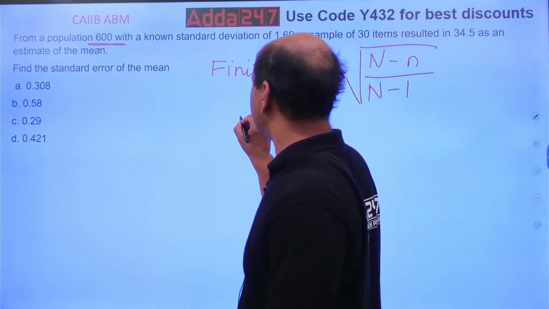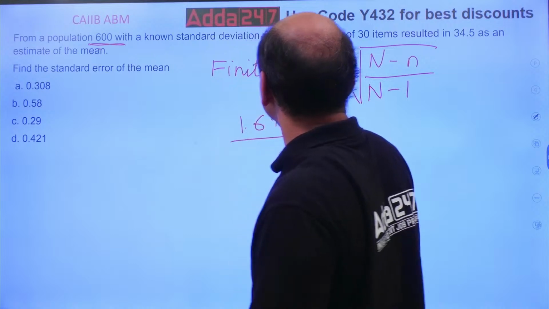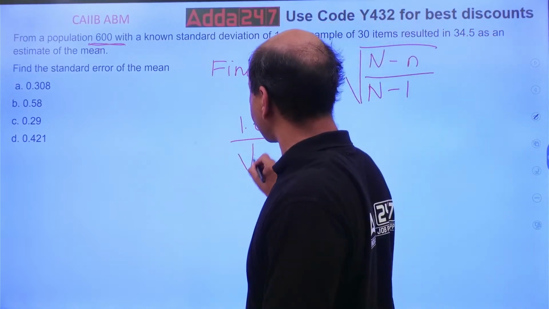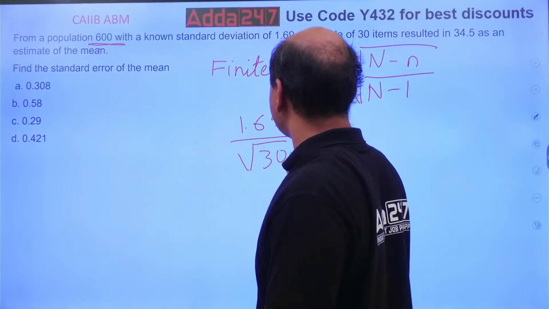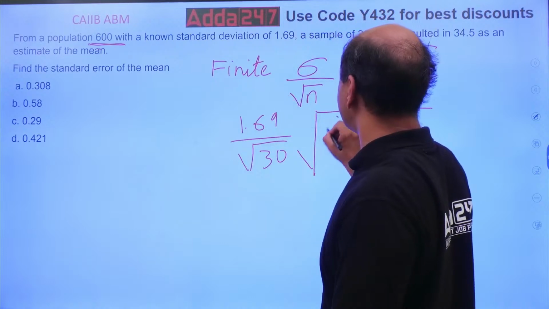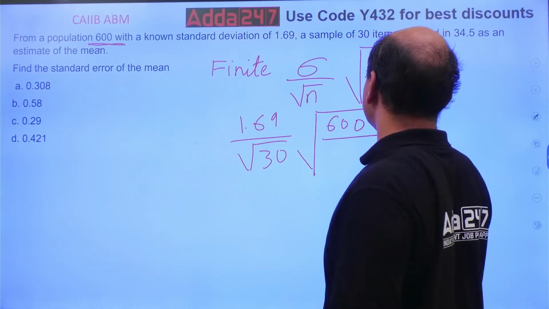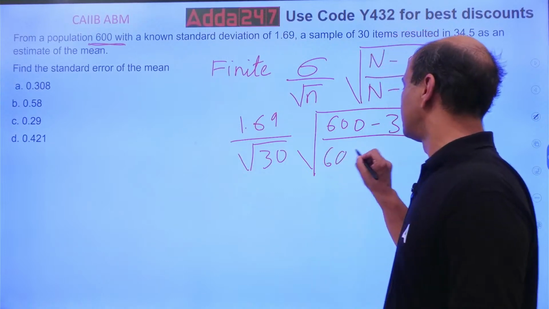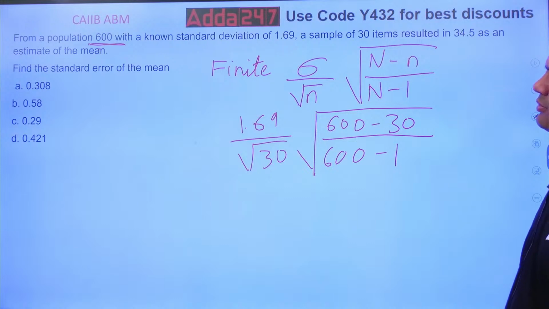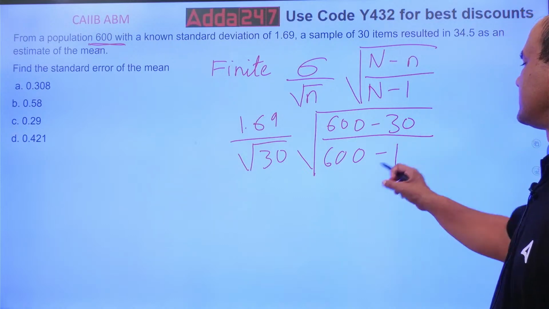Small n is always the sample, so root of 30, into capital N, which is 600. So 1.69 upon root 30 into root of (600 minus 30) upon (600 minus 1).